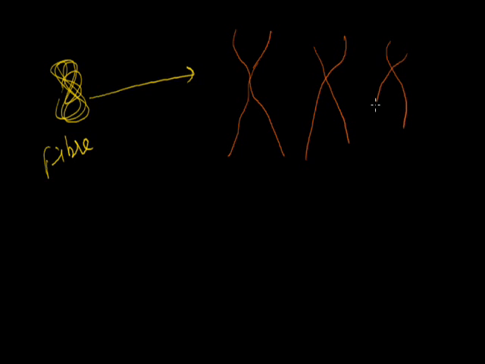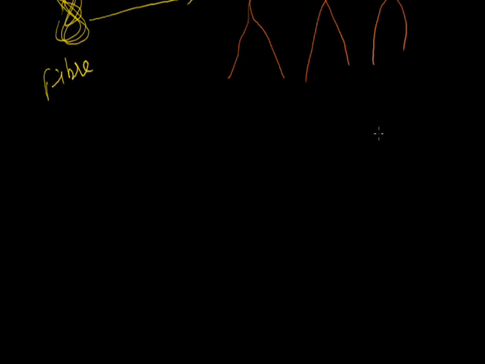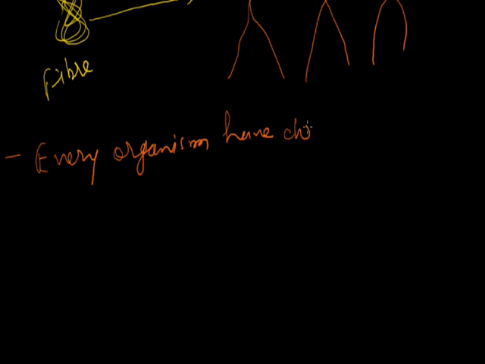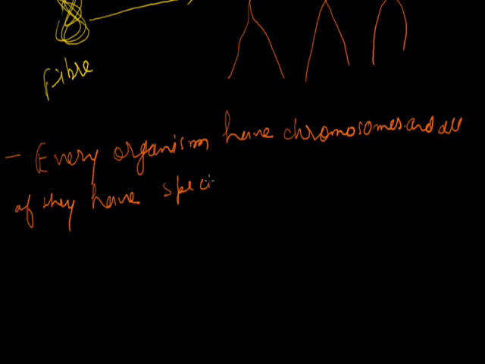And chromosomes are very specific, because every organism on this earth has chromosomes, and all of them have a specific number of chromosomes.